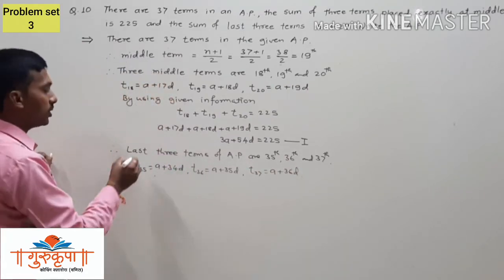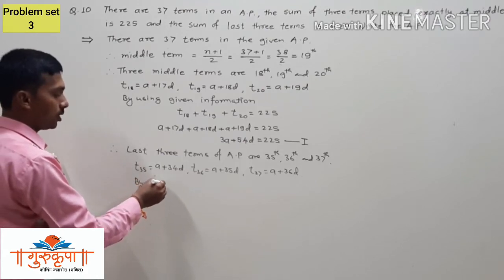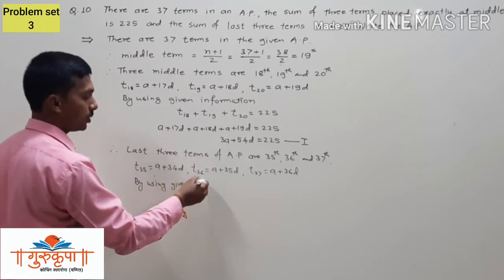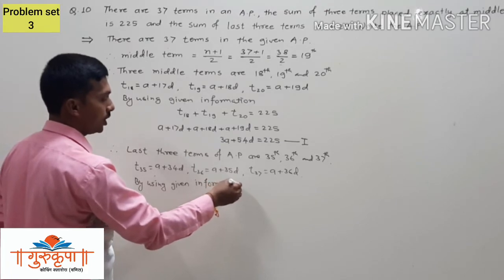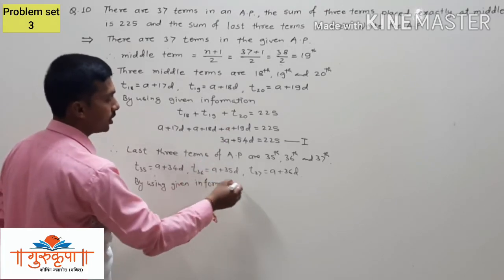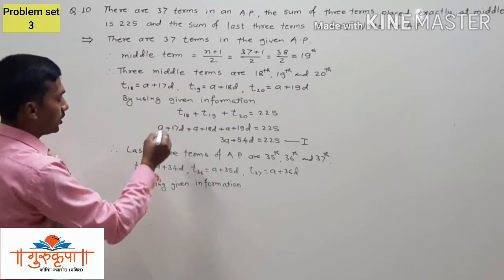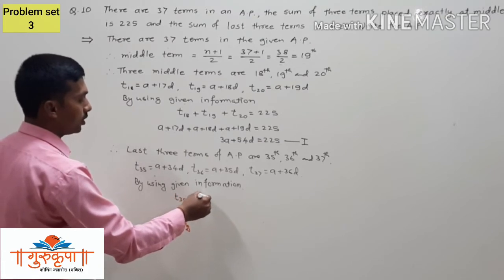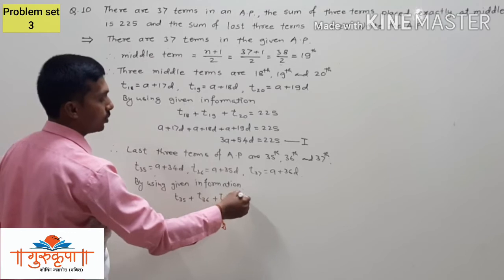And by using given information, what is the given information? Sum of the last 3 terms of the given AP is 429. By using given information, we write T35 plus T36 plus T37 is equal to 429.